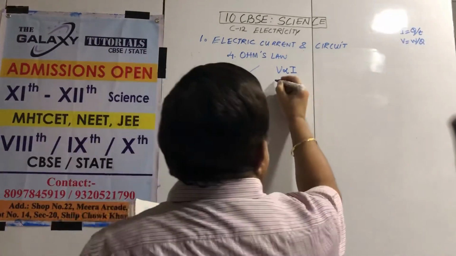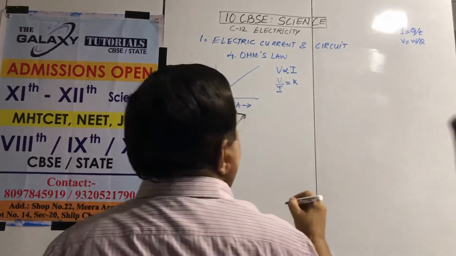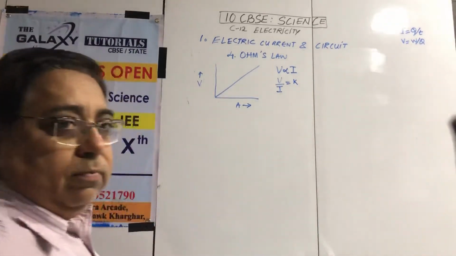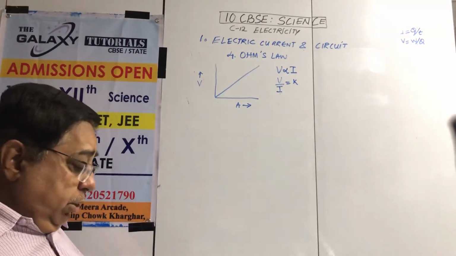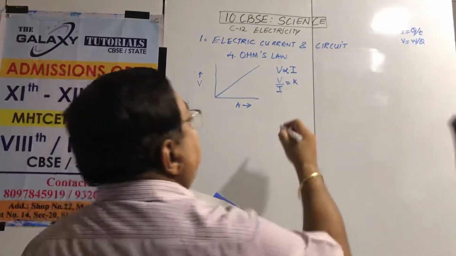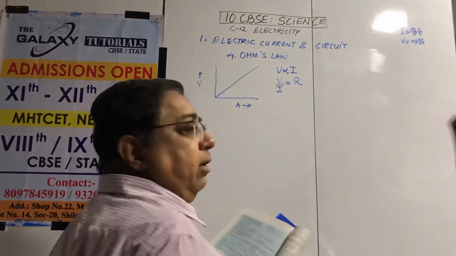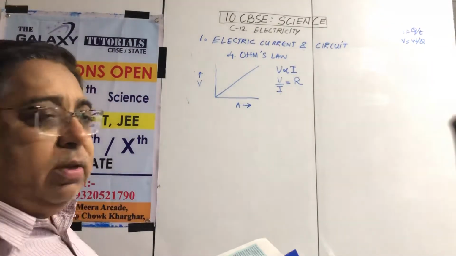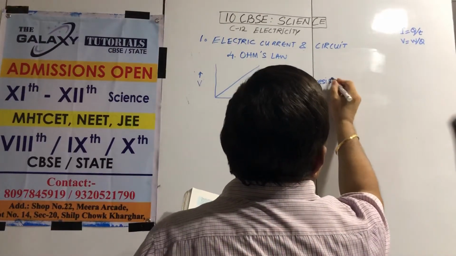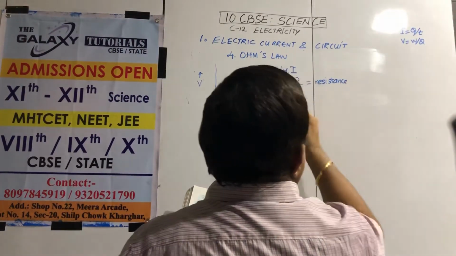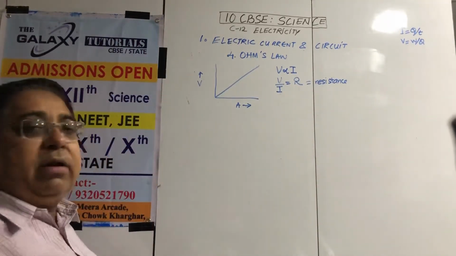Now, by maths, we call such a thing K is the constant. To convert proportion into equality, we use a constant. Now, K is maths. We use R. In physics, same thing. R is the resistance. What is lost? So you can see here that my ideal will be when both are equal.